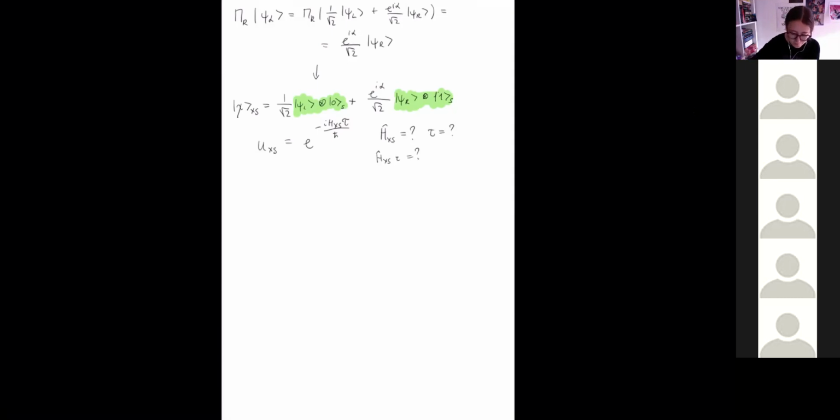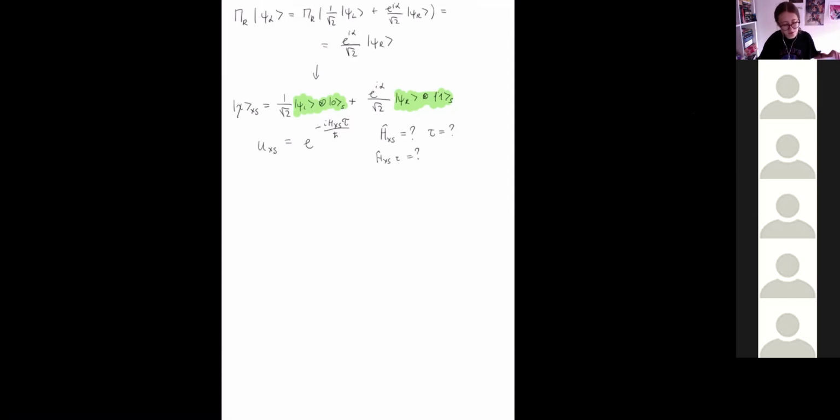And as we've seen in exercise sheet 3, I think we did prove that indeed for each unitary there exists an operator H_XS such that we can write the unitary in this way. So it exists, we only need to find it.